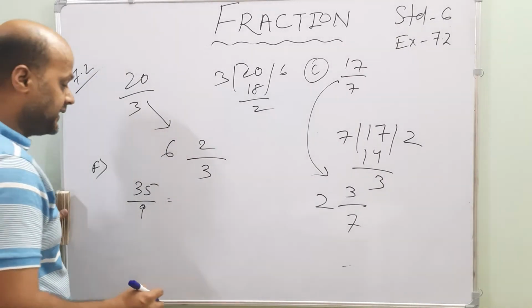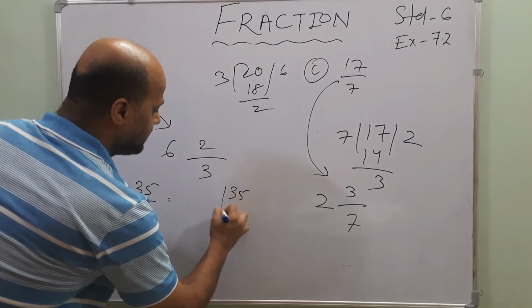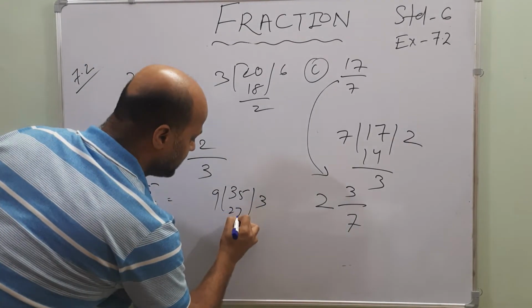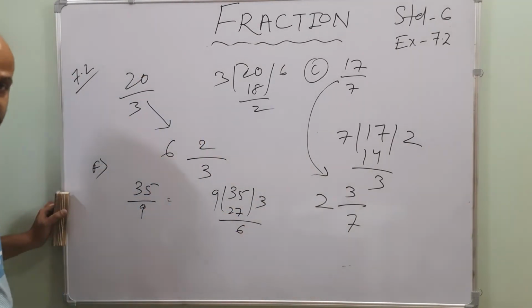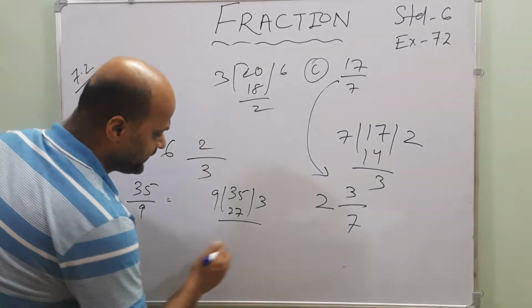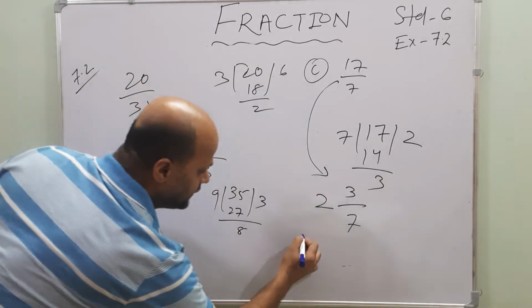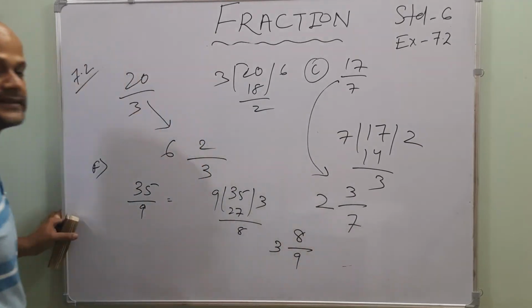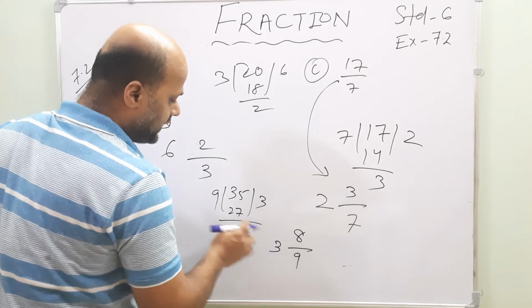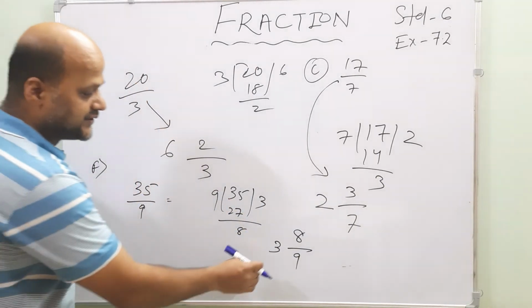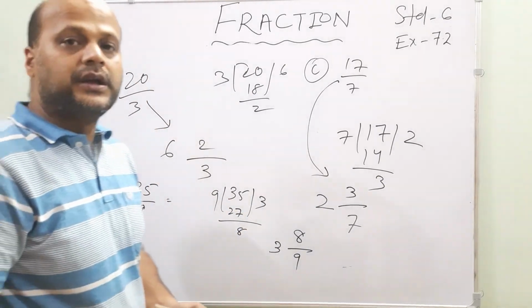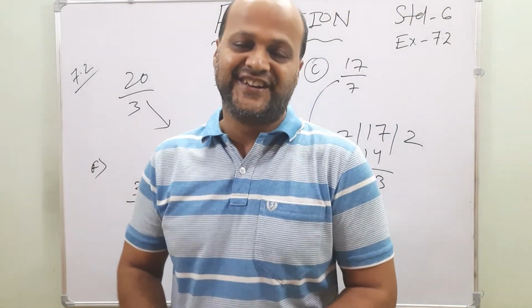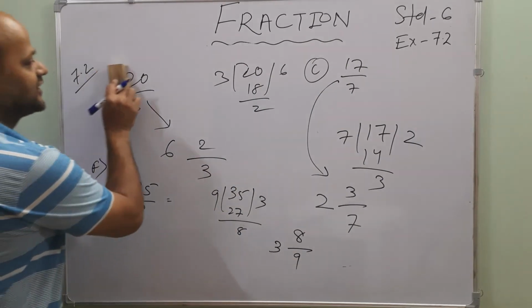Then divide it. 35 divided by 9. 9 threes are 27, remainder 8. So the remainder is on top, the whole number is at the side, and the denominator is like this. 9 threes are 27, plus 8 is 35, right? Yes or no? So this is the process of converting an improper fraction into a mixed fraction. Understood? Okay.